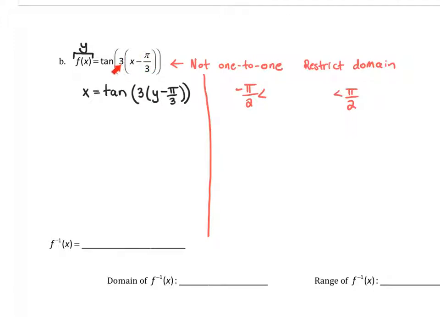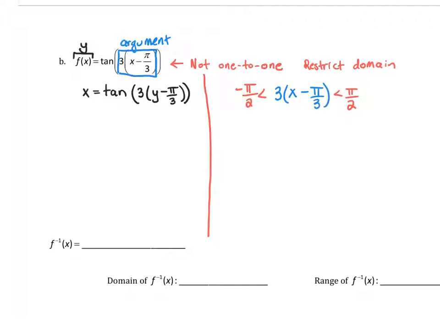So it has a change in the period, which is pi over 3, and it has a shift to the right pi over 3 units. The way I'm going to deal with those transformations is I'm just going to set this argument, whatever is inside of the function, to be restricted between that domain restriction that is already set up for me as a standard restriction.